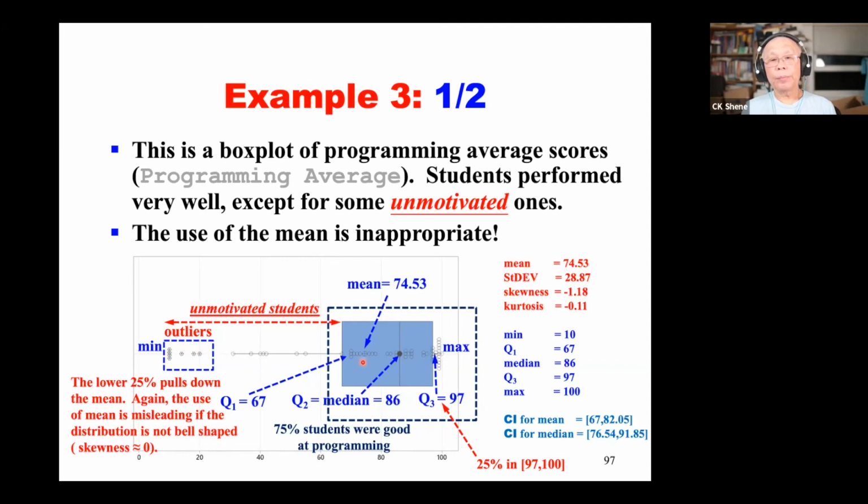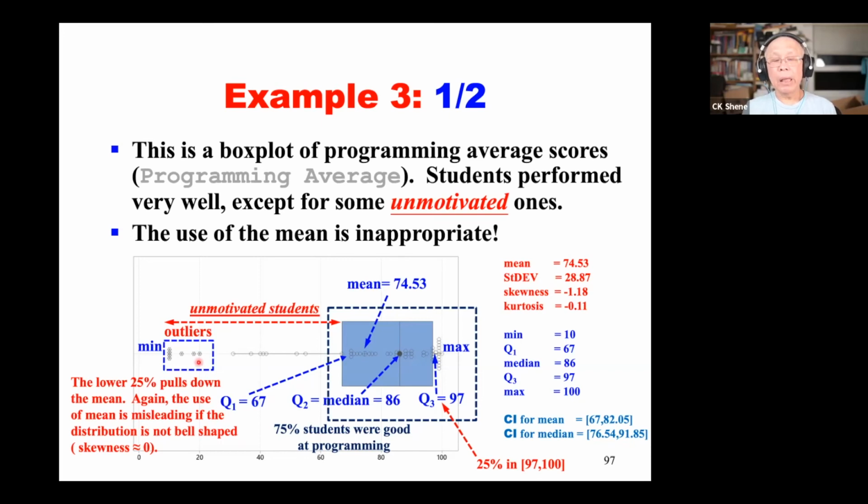So here, this portion is 75, students who were good at programming, and we have outliers here. The lower 25% pulls down the mean value.